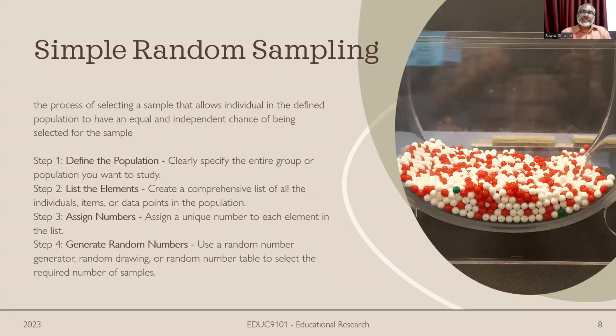Simple random sampling is the process of selecting a sample that allows the individuals in the defined population to have an equal and independent chance of being selected for the sample. In other words, it's like drawing a ball from a group of balls in a jar.